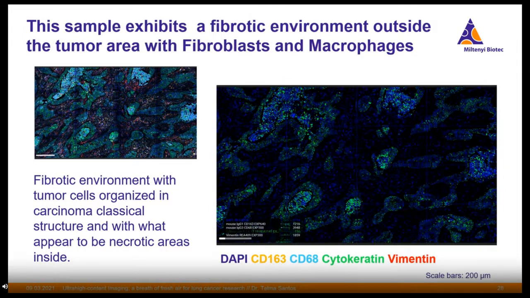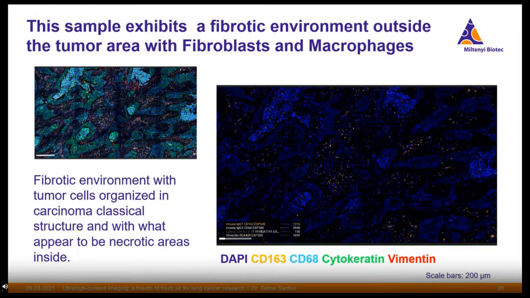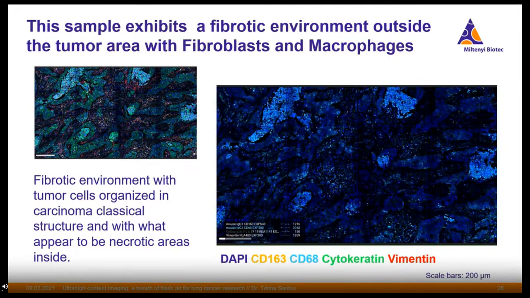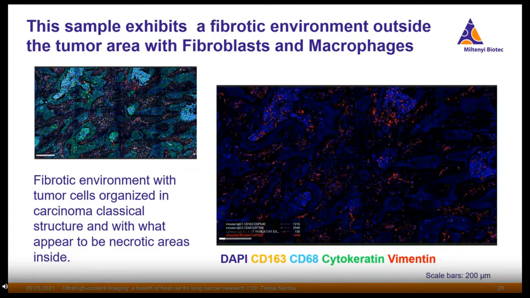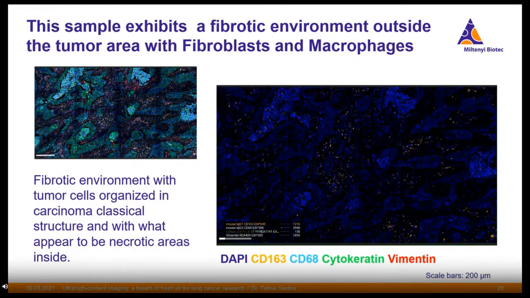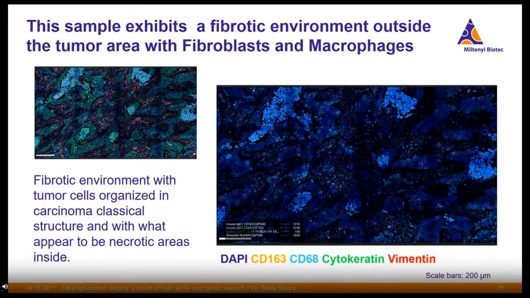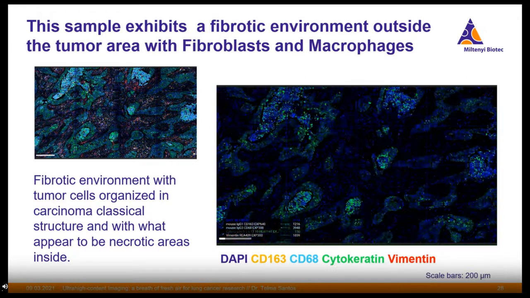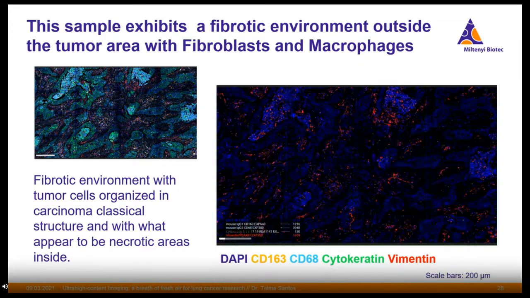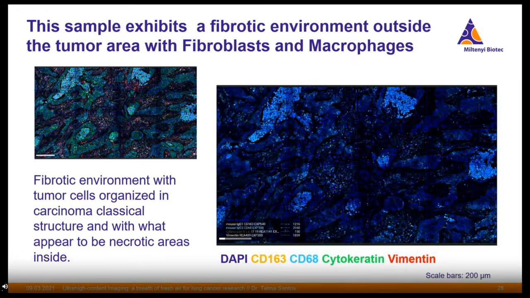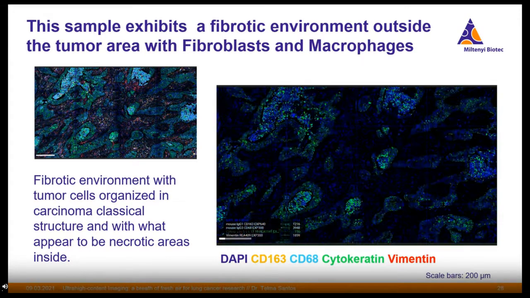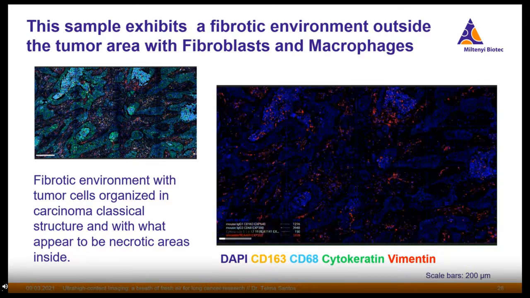So for the squamous cell carcinoma, first I wanted to show again the different organization of this tumor. Here you can see that I have 4 markers plus the DAPI, showing the tumor cells in green with the cytokeratin, the vimentin for the fibroblasts, and the CD163 and CD68 for the myeloid cells, and you can clearly distinguish 3 different areas.